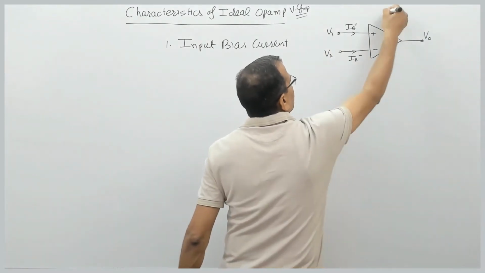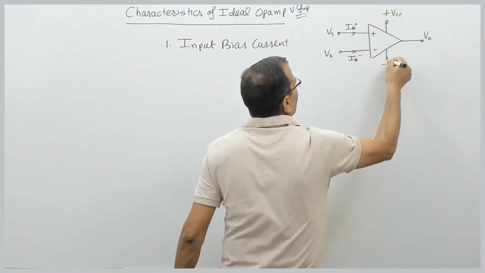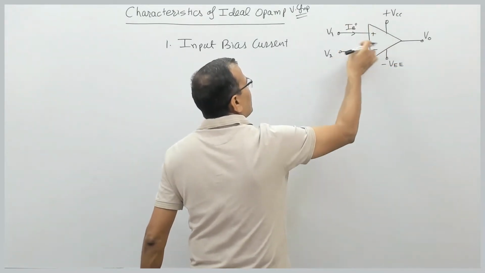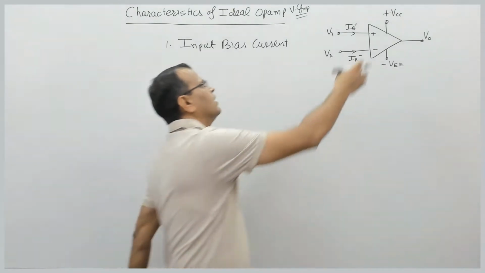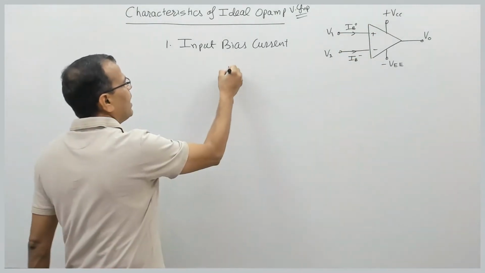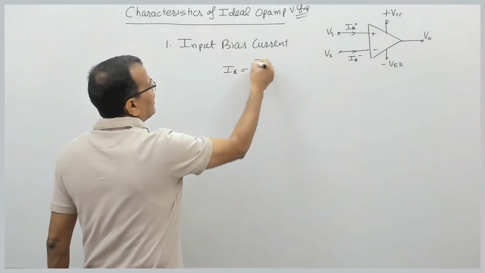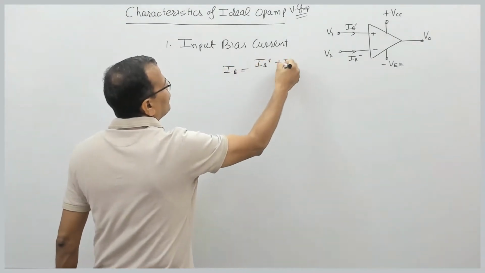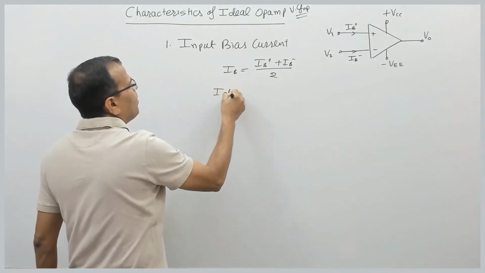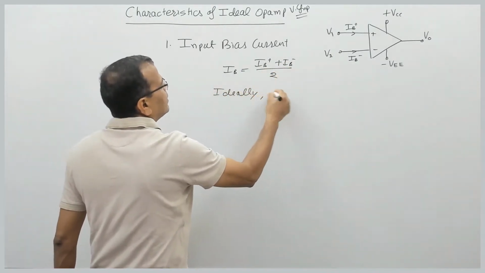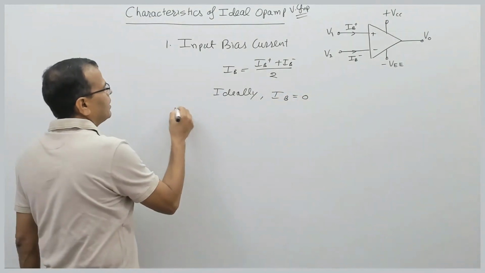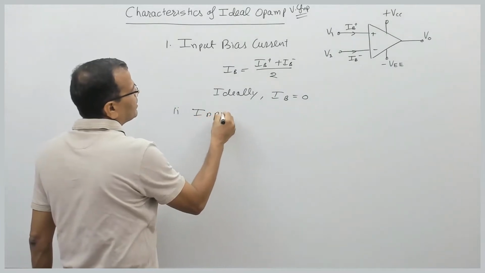I repeat, that is the average of the bias currents entering at the non-inverting and inverting input terminals. We have already defined it as the average of these two currents, and ideally for an ideal op-amp, the bias current is 0. Please remember that.